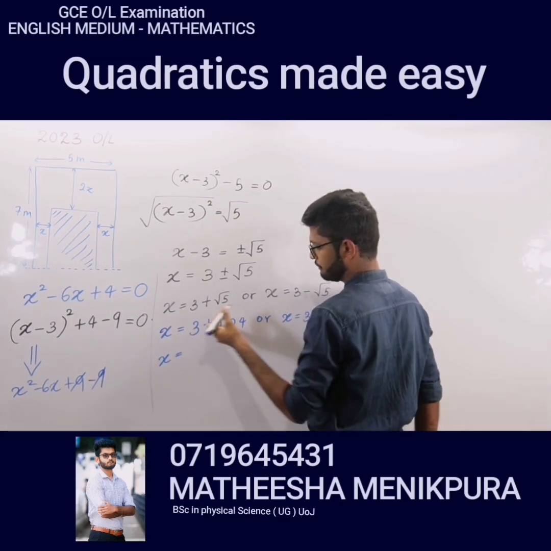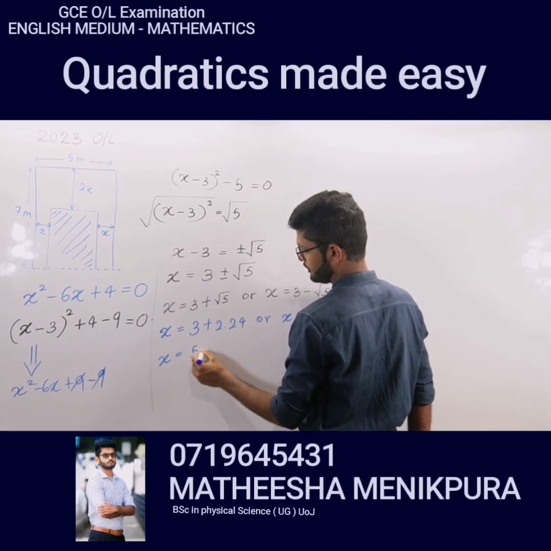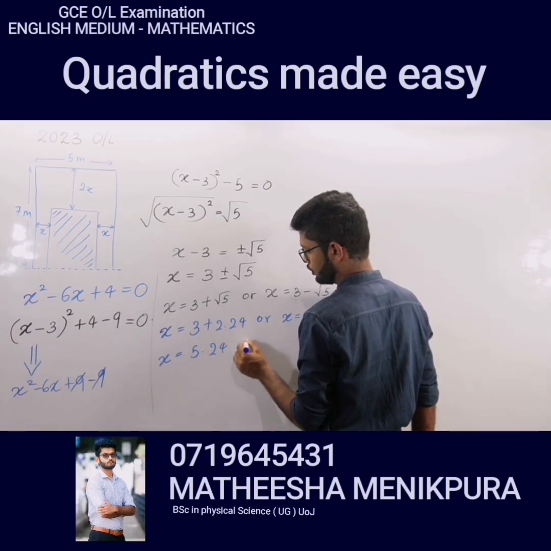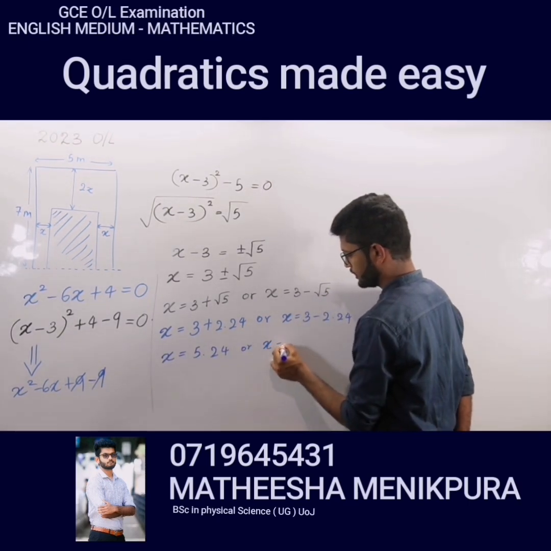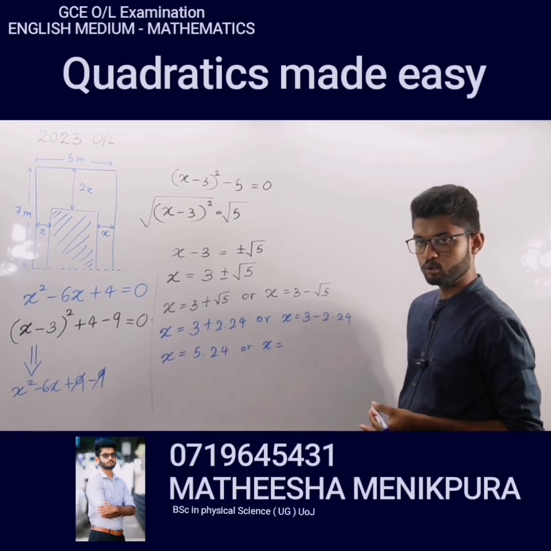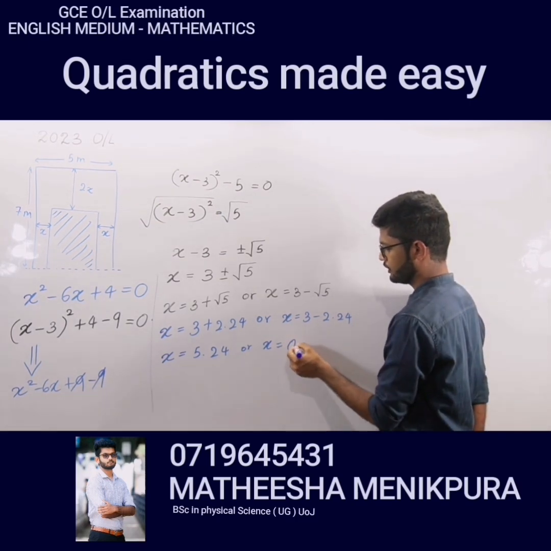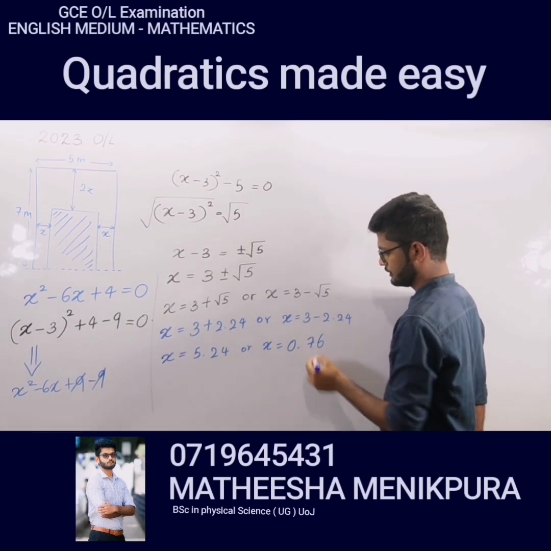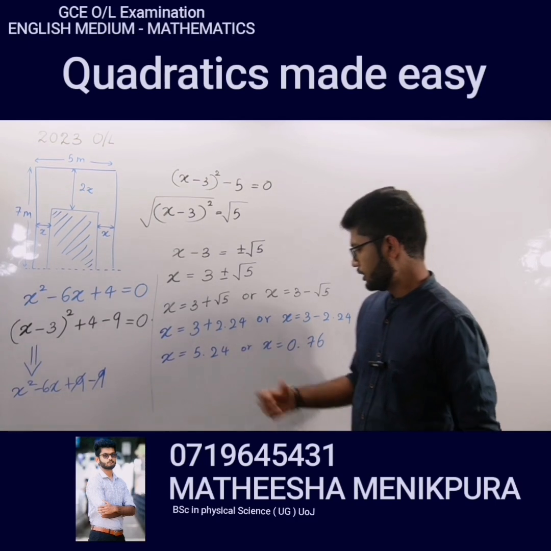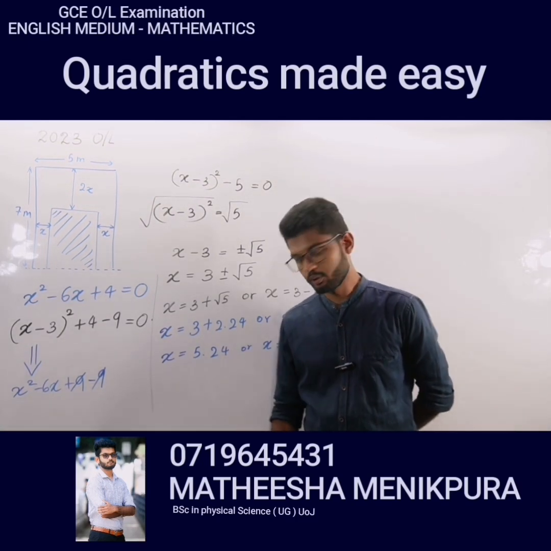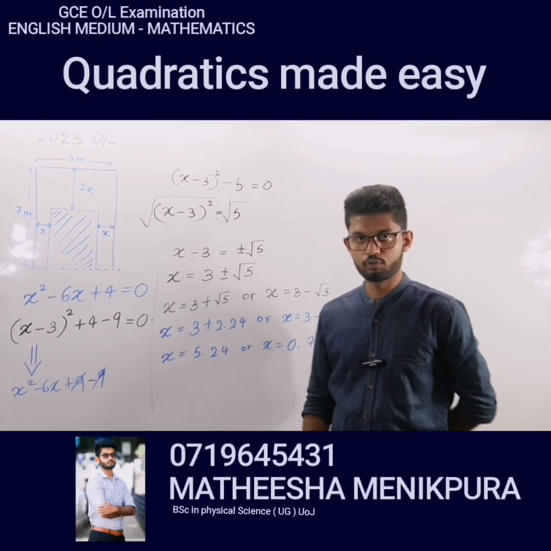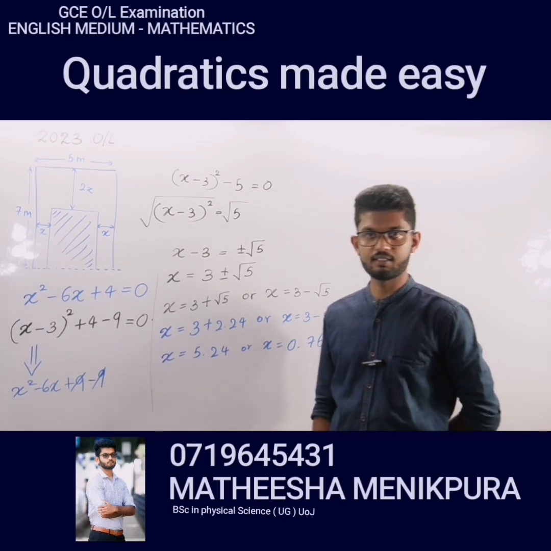When I take 3 plus 2.24, the answer will be 5.24, or x equals, what is 3 minus 2.24? That is 0.76. Now we got two answers for x. Here x equals 5.24 or x equals 0.76.